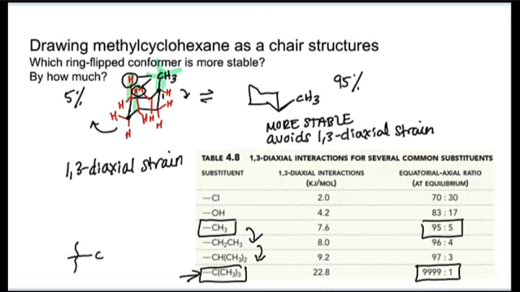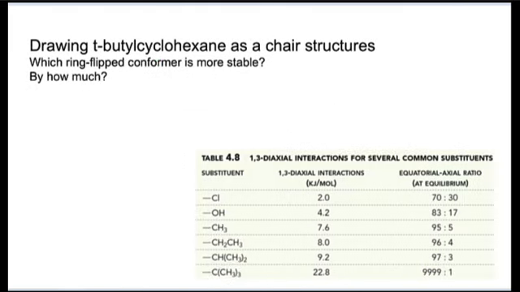So let's do this example right here. This group is called a tert-butyl group. So let me just draw it out longhand real quick. And that's the same thing as this. All right. So let's draw a tert-butyl cyclohexane chair.